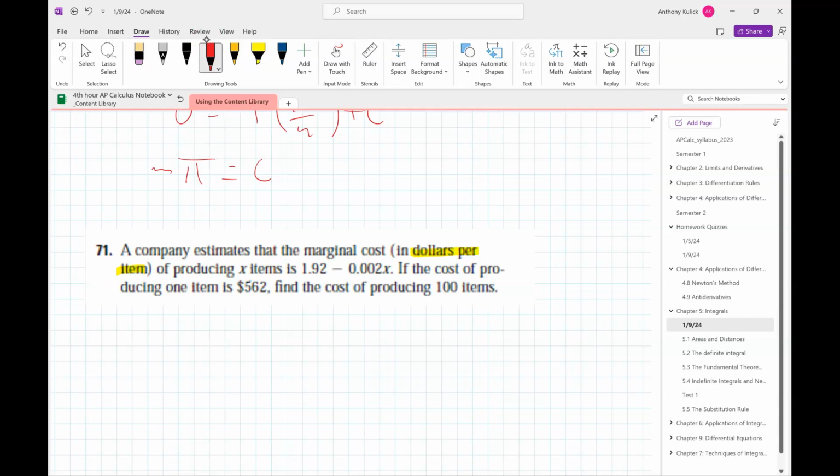Of producing x items is 1.92 minus yada, yada, yada. If the cost of producing one item is $562, what is the cost of producing 100 items?